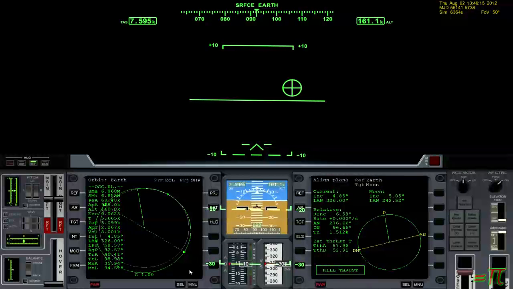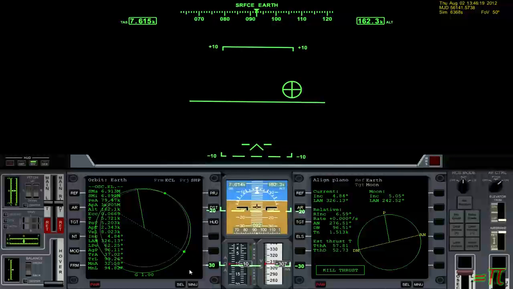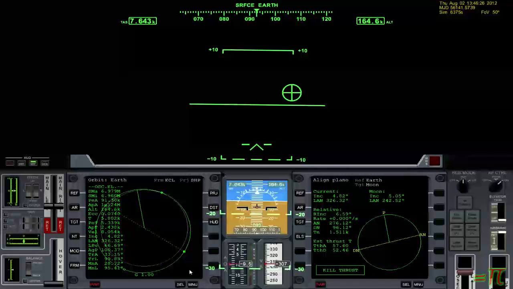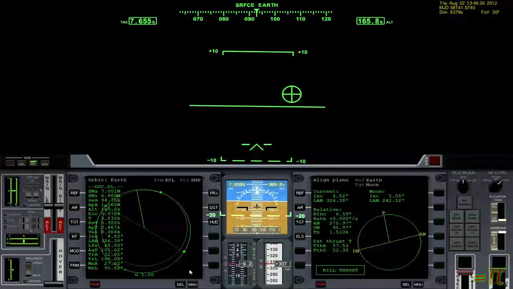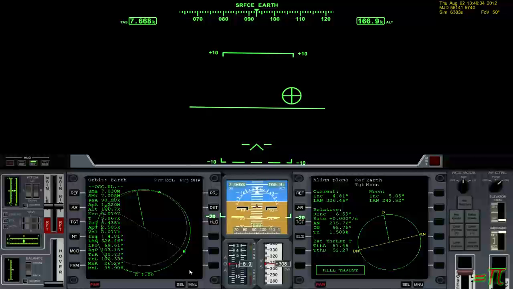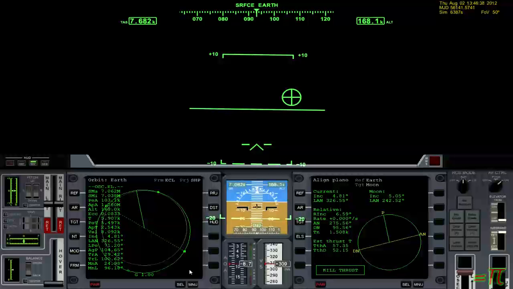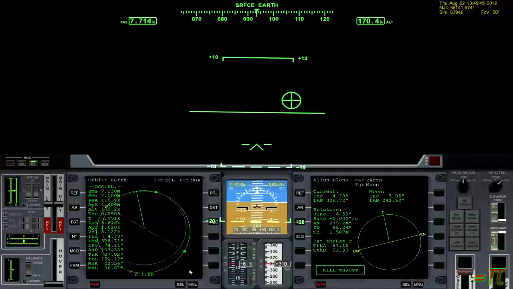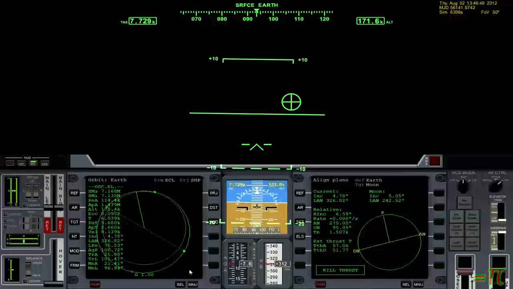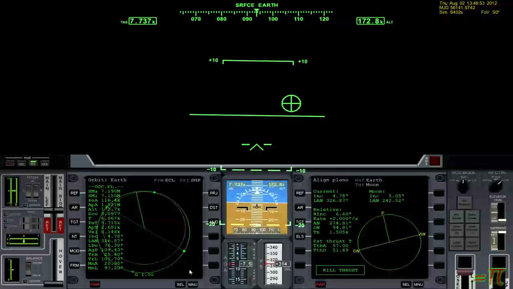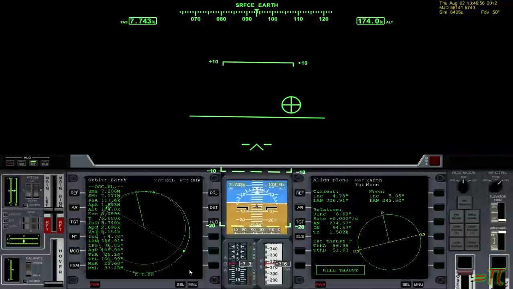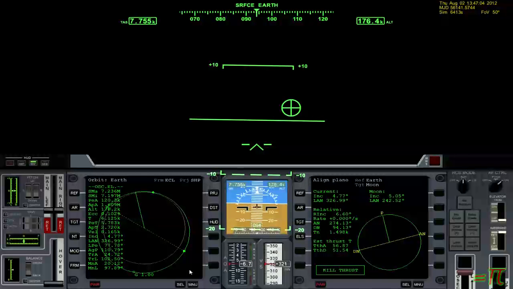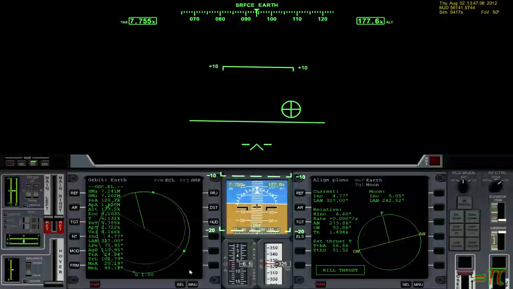Look for 120 and cut the engines. 87. 97. 116. 120. Okay, the noisiest part of the trip is over.